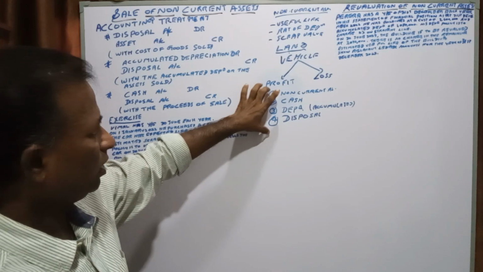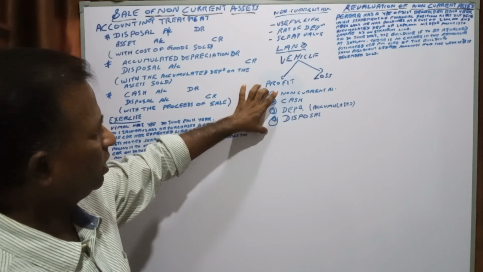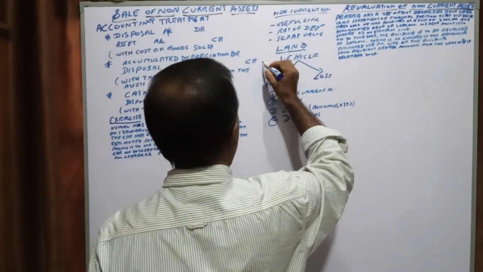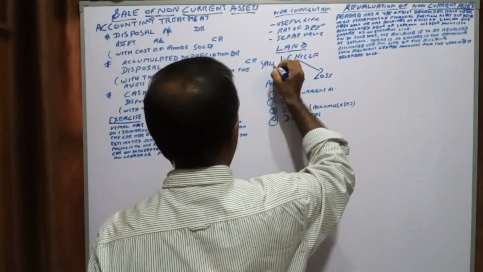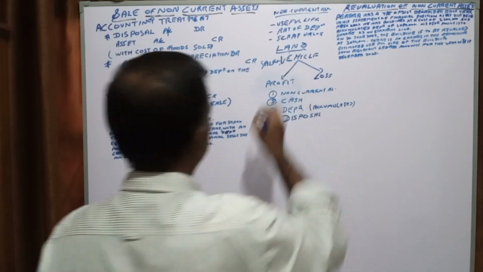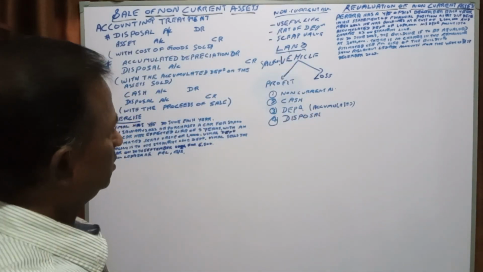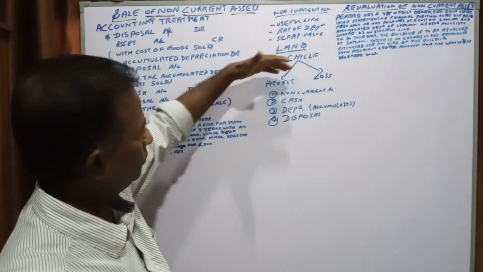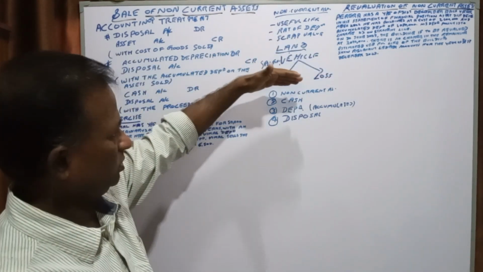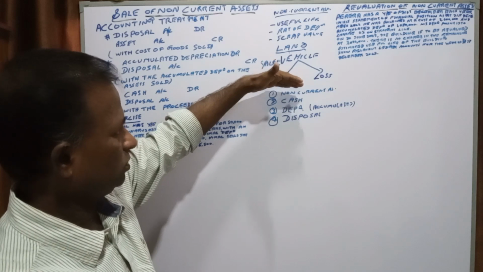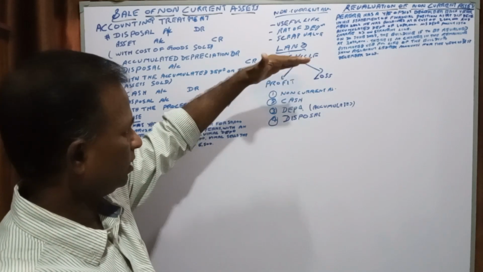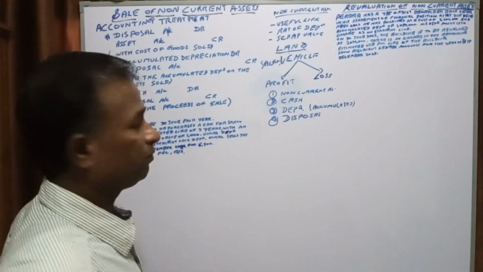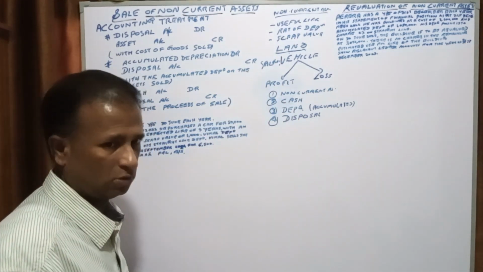These four accounts are involved at the time of sale of non-current assets. So from the sales we generate profit or loss.